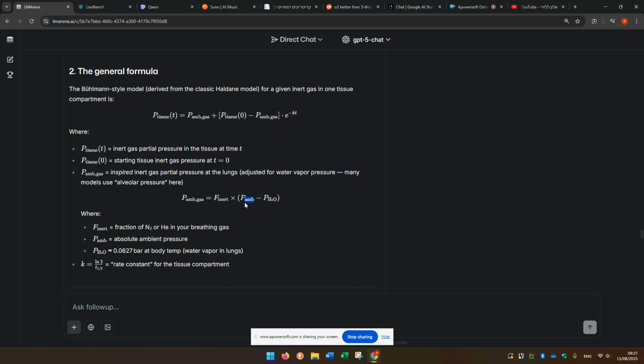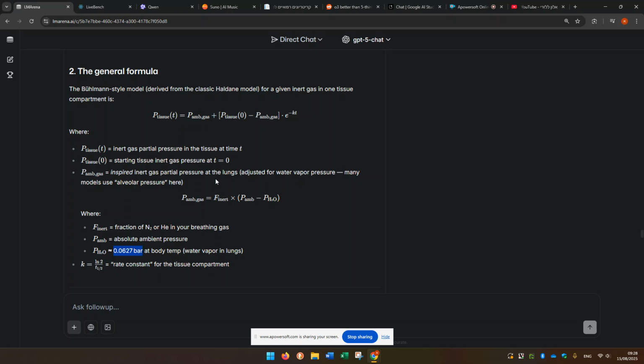For example, if you dive to 10 meters underwater, you are at an ambient pressure of 2 atmospheres, because every 10 meters in the water is 1 atmosphere, and another atmosphere for the surface, minus the partial pressure of the water at body temperature. You see this value, and you can calculate the ambient partial pressure of the gas.